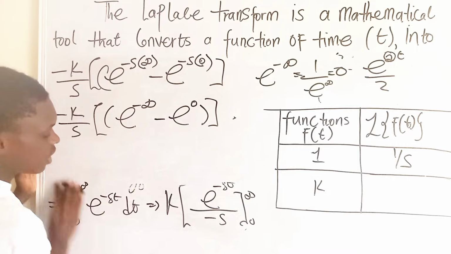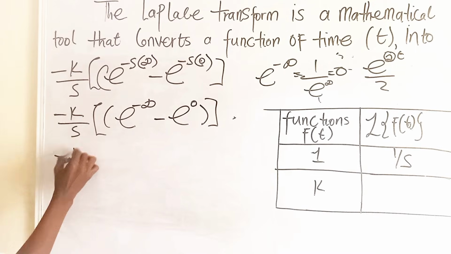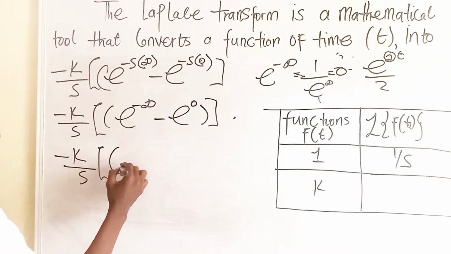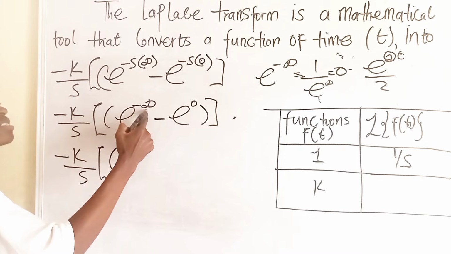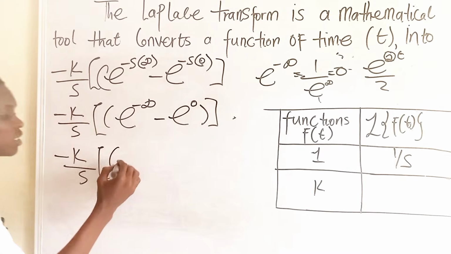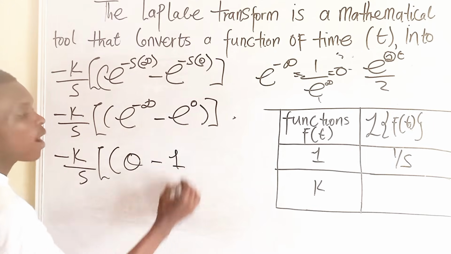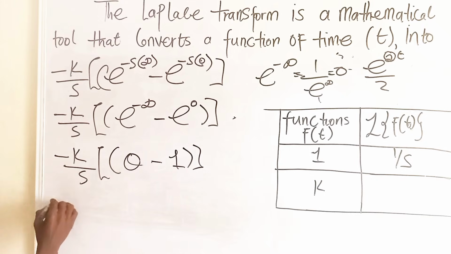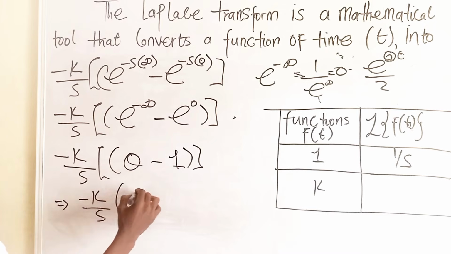So clearly, how do we finish this? So this is negative k over s into bracket, the whole of this here is 0. E raised to the power of negative infinity gives us 0 from here. So this is 0 minus anything raised to the power of 0, which is 1, except 0. So this implies that minus k all over s into bracket 0 minus 1 gives us negative 1.